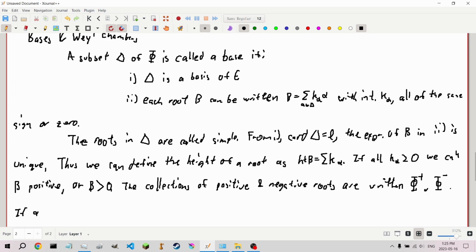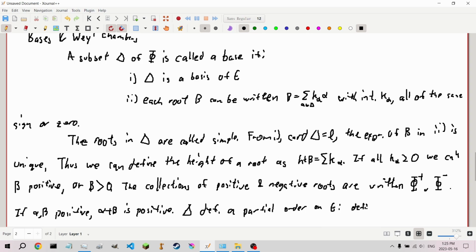You see that if alpha and beta are positive, alpha plus beta is positive, assuming it's a root. We see that delta defines a partial order on E.